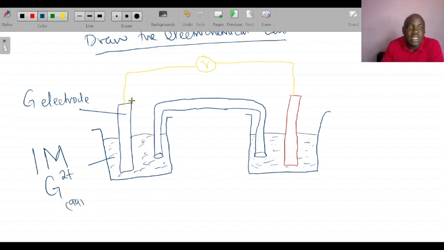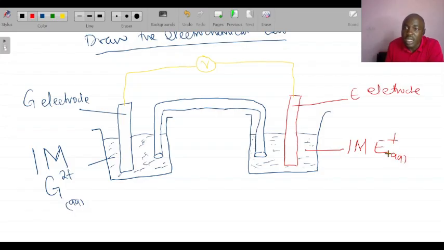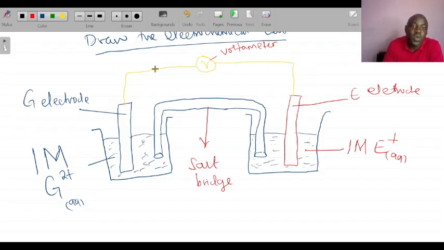Same case, this is our E electrode; it must also be dipped inside a 1 molar solution containing E in aqueous state. Then of course we shall have our salt bridge. We have a voltmeter to measure the EMF. We have the connecting wires.